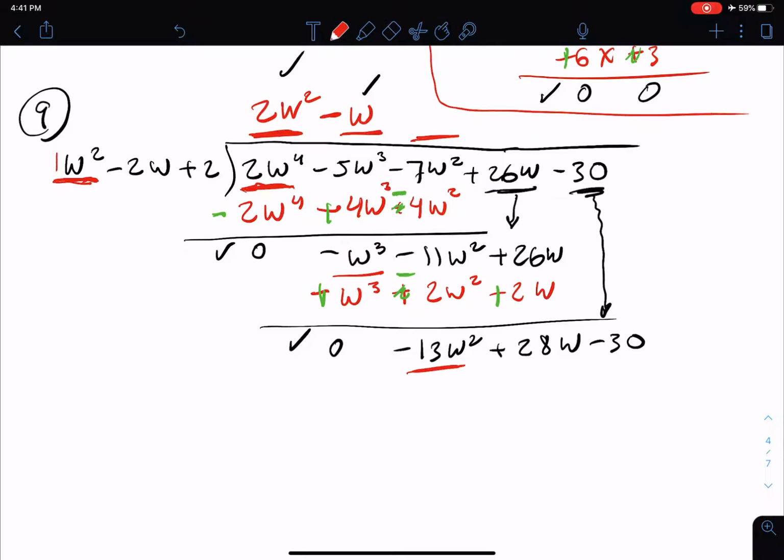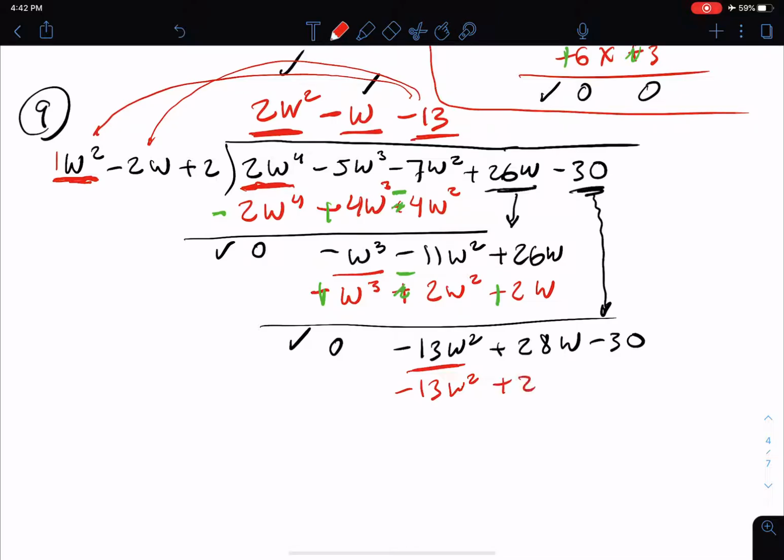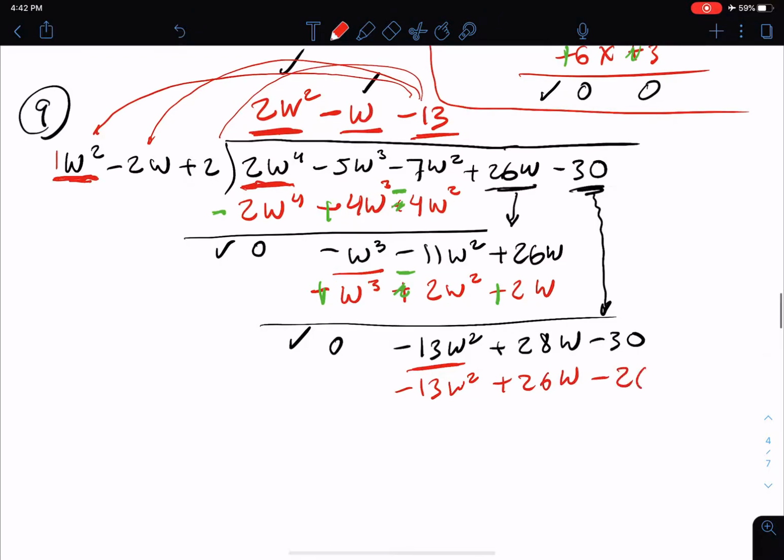Okay, so we're going to have a negative, so it's negative 13 times w squared gives me negative 13w squared, right? I just did my distribution. Then I distribute the next thing. Negative 13 times negative 2 is positive 26w. And negative 13 times 2 is negative 26.